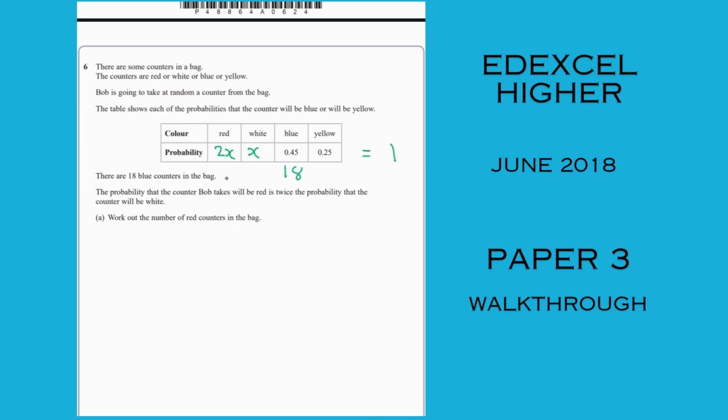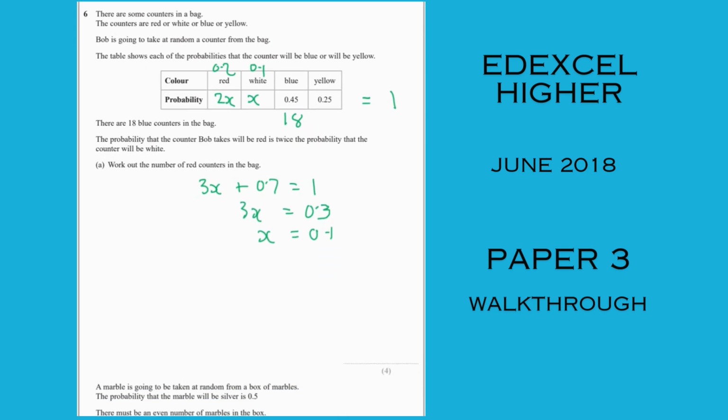So we know that the total of this line, that's 3x, plus them added together is 0.7. So we take away 0.7 from both sides. And we know that x is 0.1, and that relates to white, and red relates to 0.2.